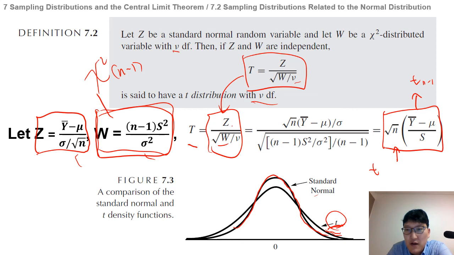And if the degrees of freedom, n minus 1, goes large, then the t distribution converges to the standardized normal distribution. That's what you should know. And yeah, let's move on.